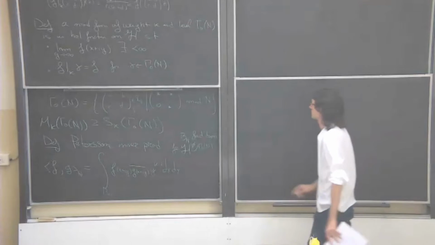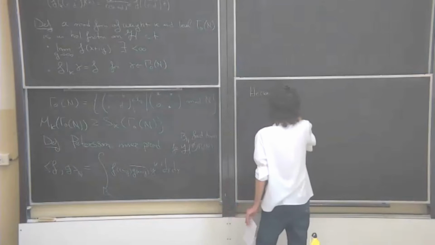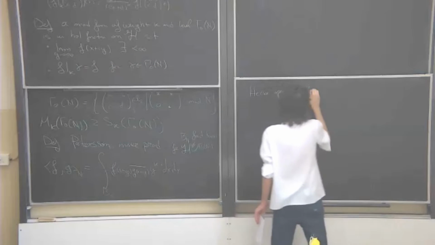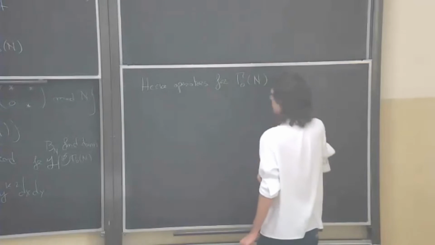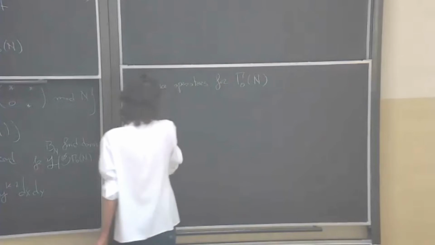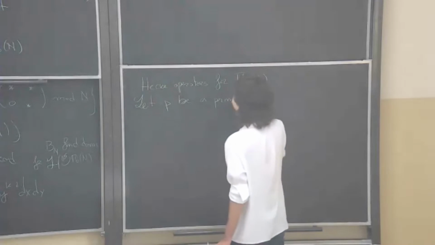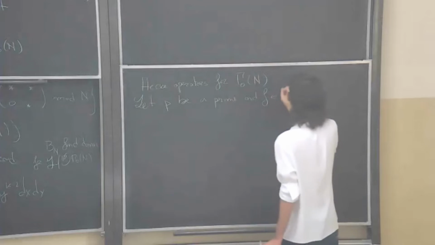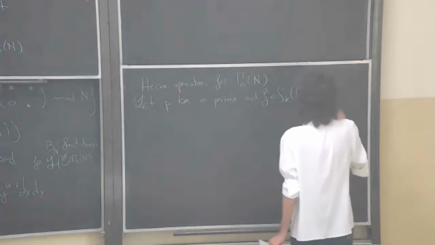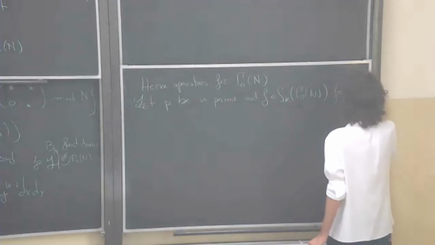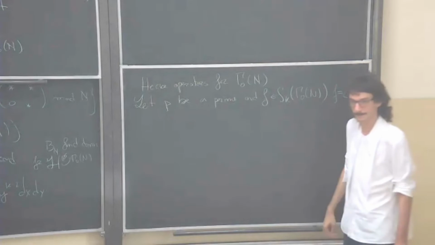So let us introduce Hecke operators for gamma naught n. And we start by choosing a prime p and f, a cusp form of weight k and level gamma naught n. And let's say that the expansion of f is the sum of a_n q to the n. This is writing the Fourier series.